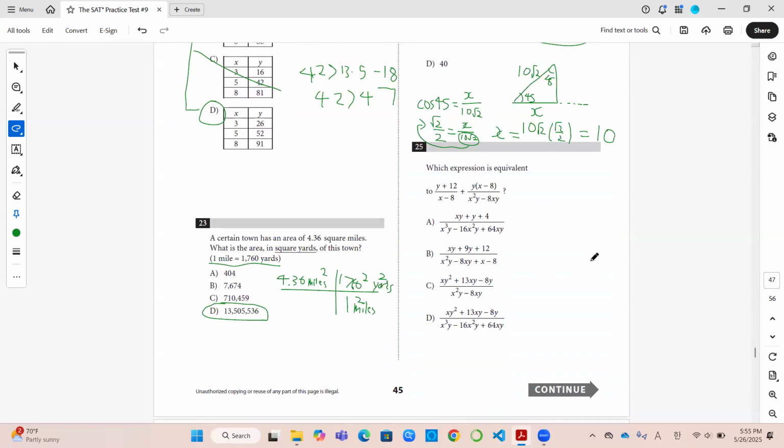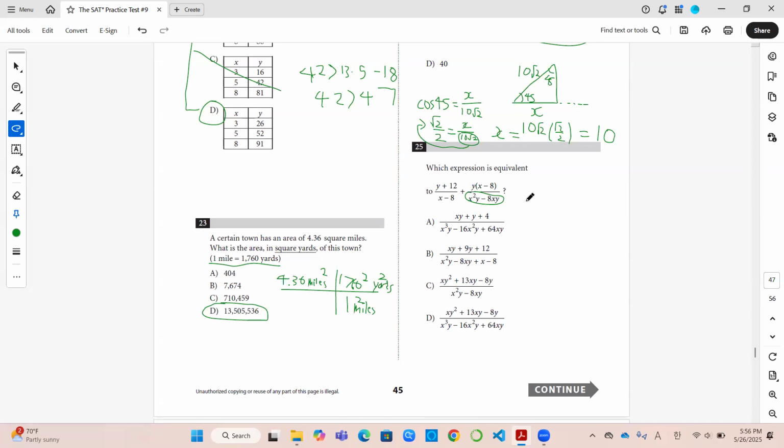All right, question 25. Which expression is equivalent to whatever this is? If I factor this denominator out here, I notice that I have an x and y variable in common.